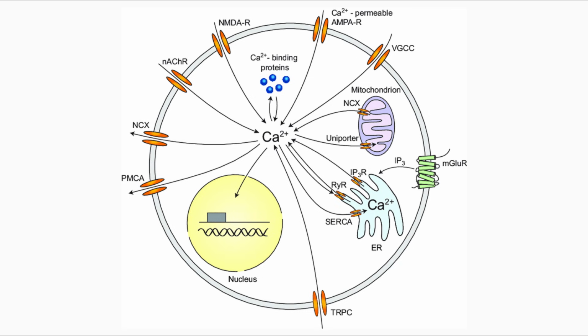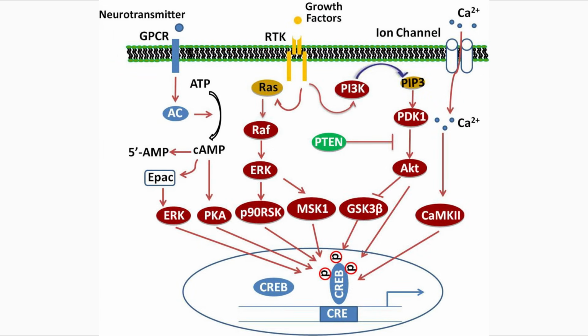Now, empirically, inhibitors of PP1 and PP2A block LTD induction, showing both are required for LTD expression in CA1 synapses.